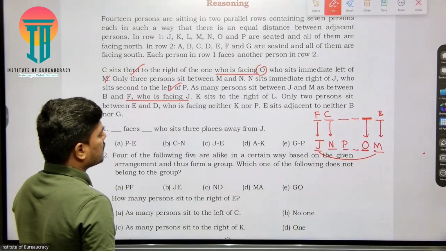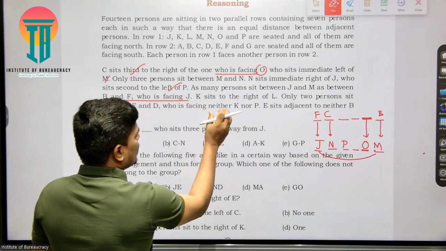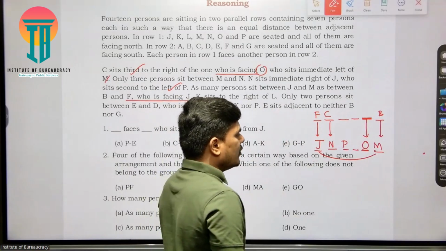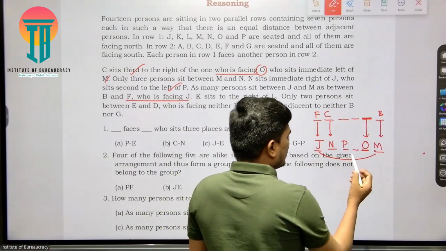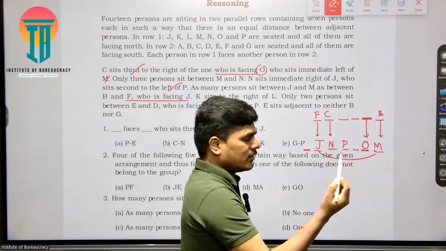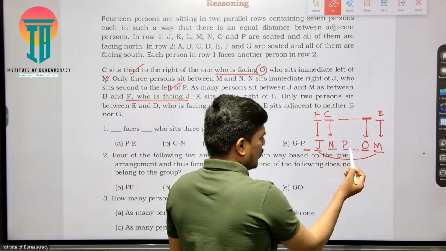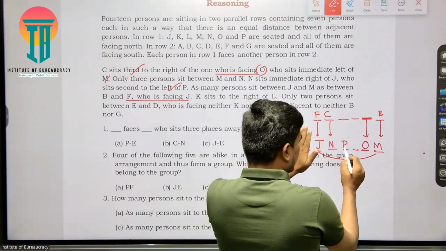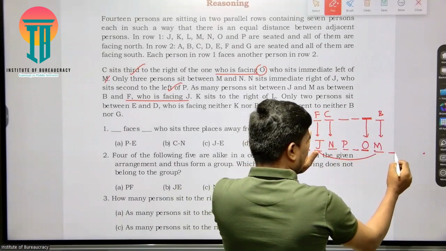And then what? K sits to the right of L. So we have what now? One place left. Either totally 7: 1, 2, 3, 4, 5, 6, 7. Or if you leave this, 1, 2, 3, 4, 5, 6, 7, one can come here.